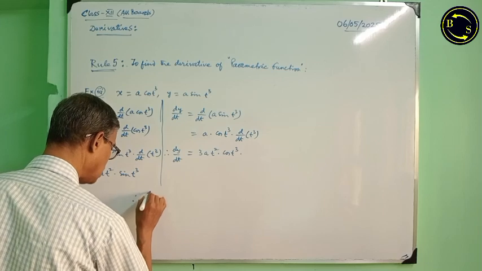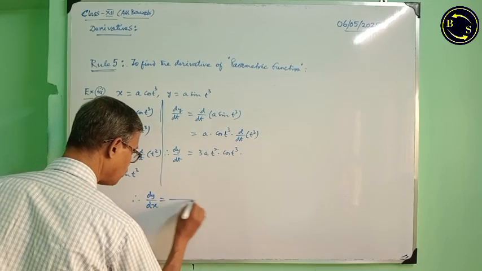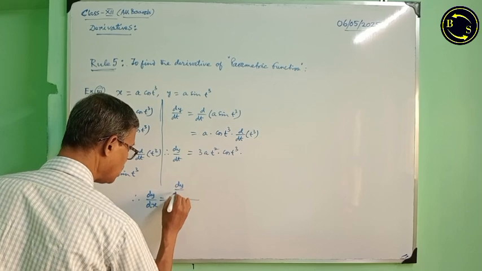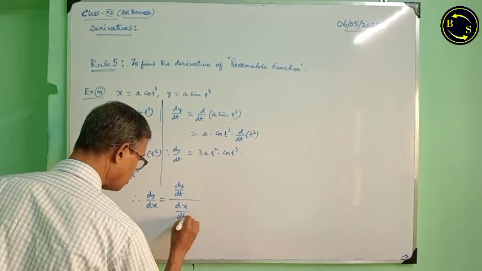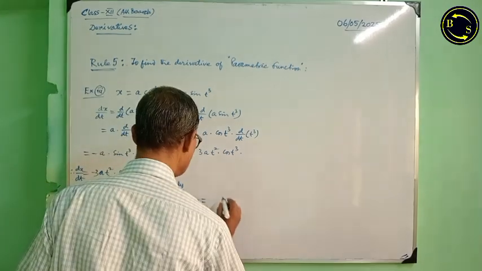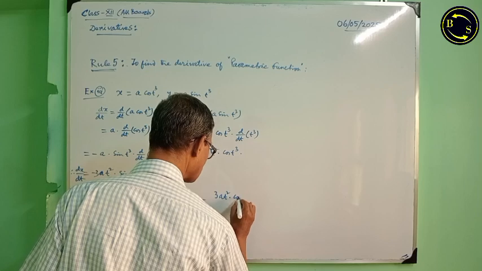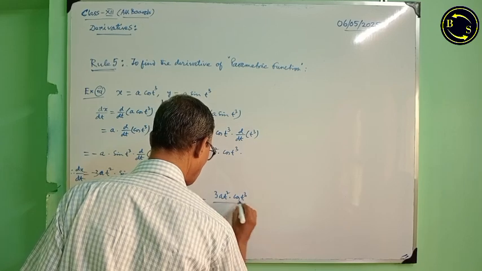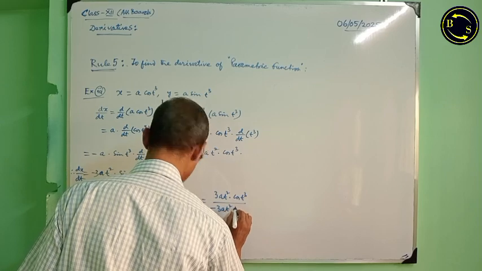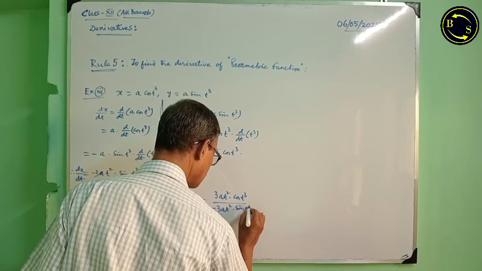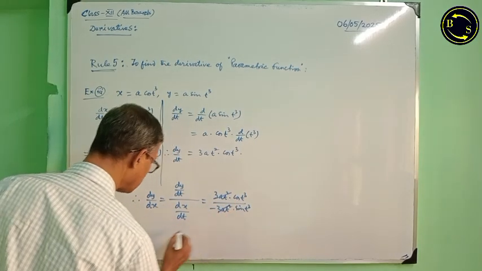Thus, we have got dy dt and dx dt. Therefore, dy dx is equal to dy dt divided by dx dt. Put the values: 3a square cos of t cube by minus 3a square sine t cube. Now, these will be cancelled.